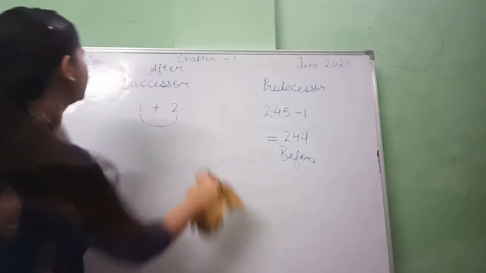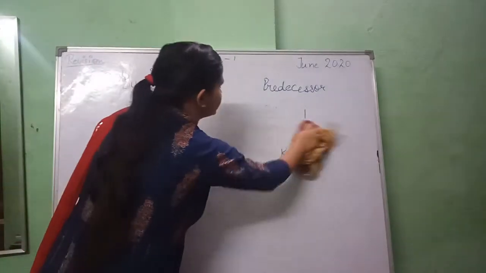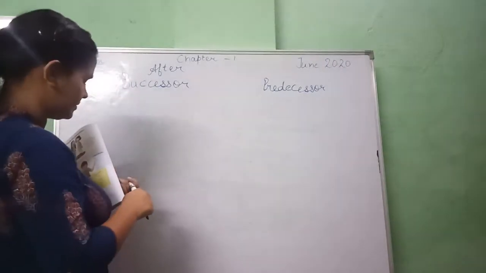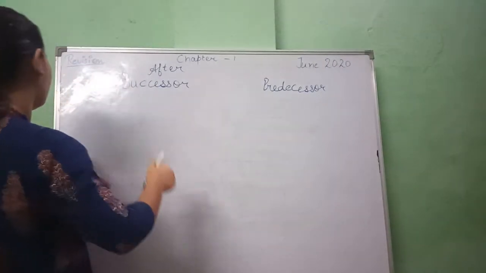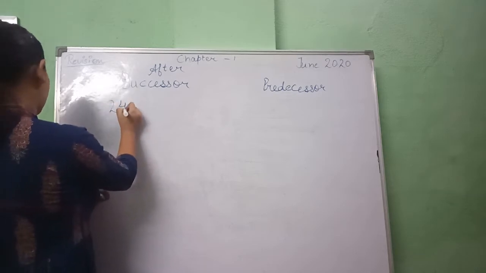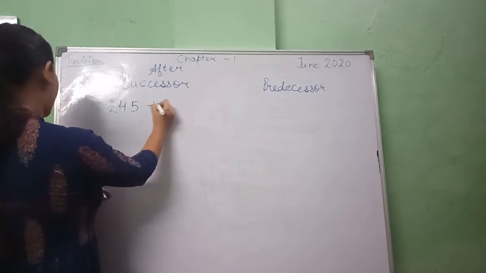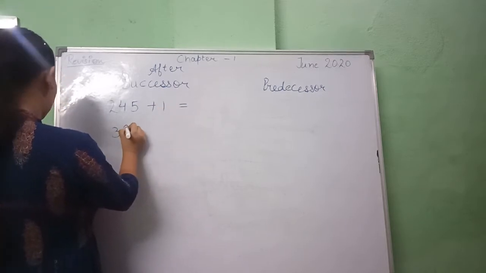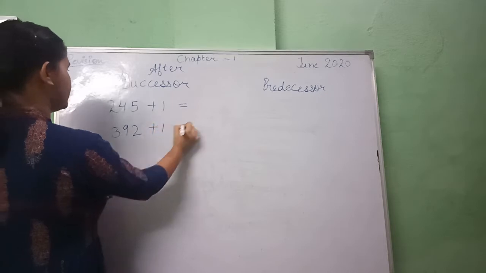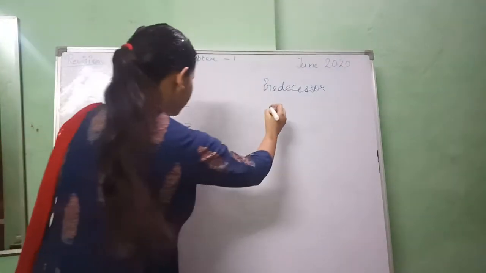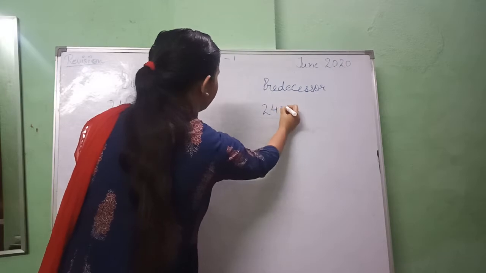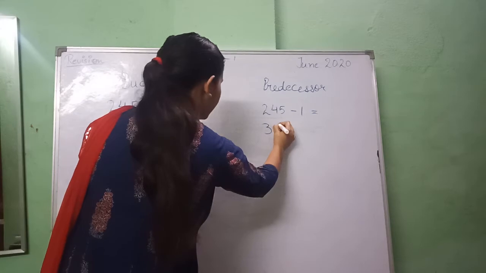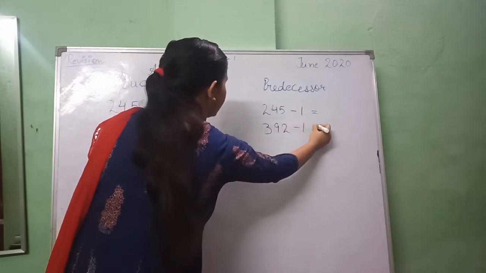So in this way we will learn about successor and predecessor with some examples which are given in your book. Now there is 245 plus 1, and 392 plus 1 equal to, and for the predecessor, 245 minus 1 equal to, and 392 minus 1 equal to.